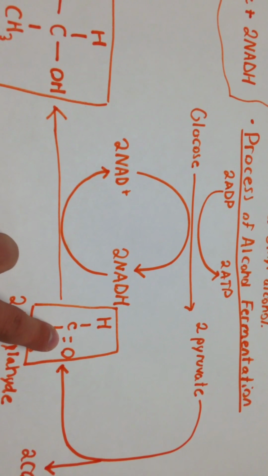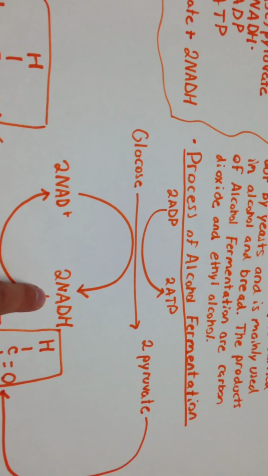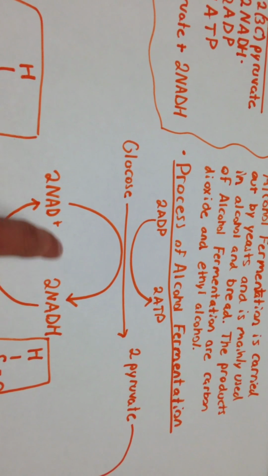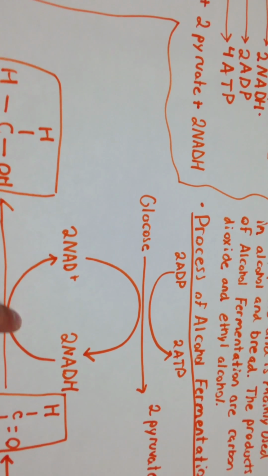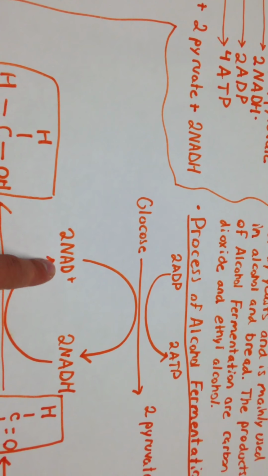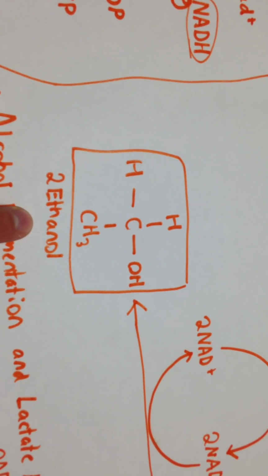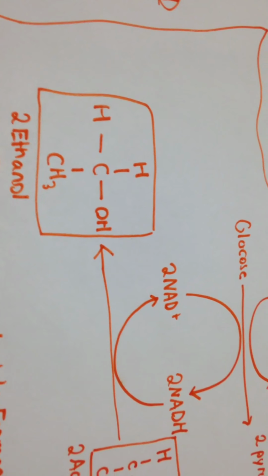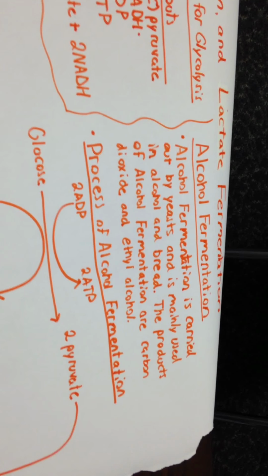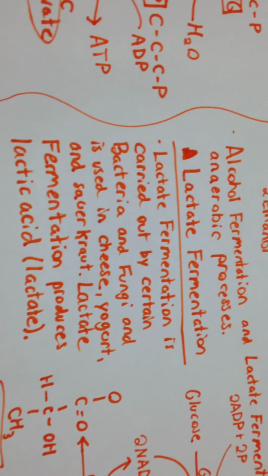And then after that, the 2 NADH that was made from the glucose breaking down to pyruvate turns into 2 NAD plus, and it makes ethanol, which is basically alcohol. And that's basically alcohol fermentation.